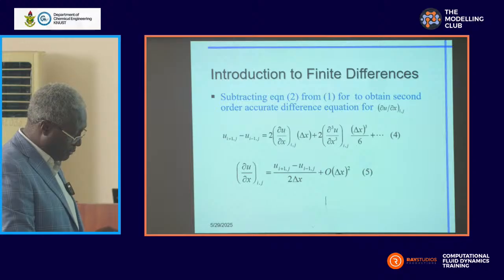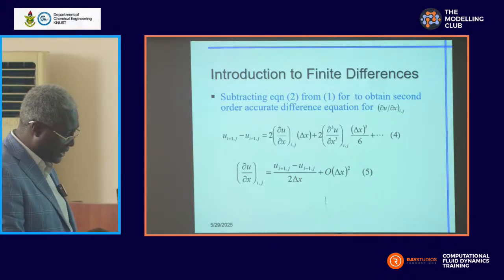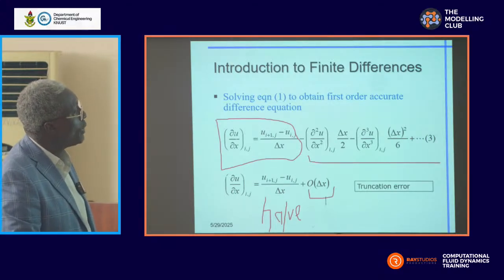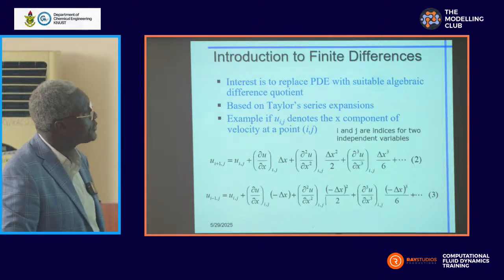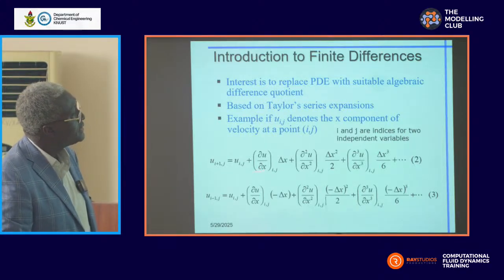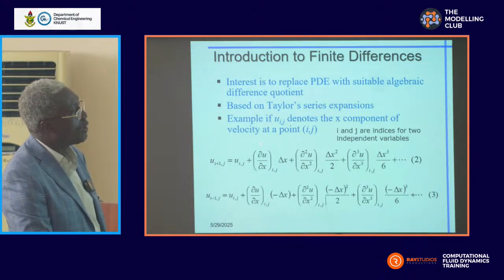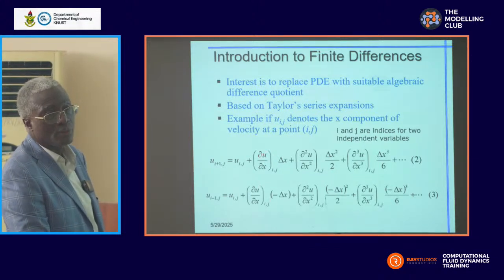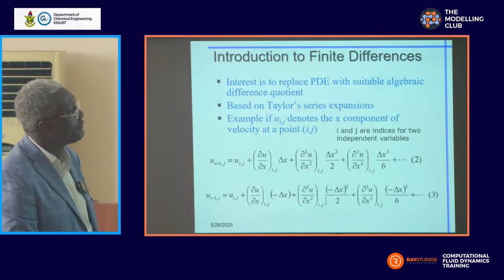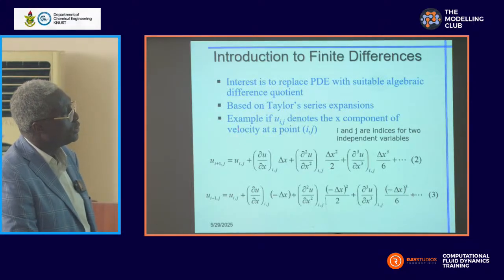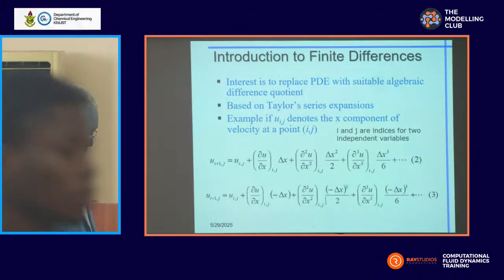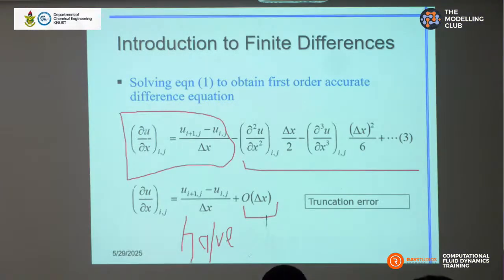In order to obtain the central difference, we subtract this equation from the top equation. If you subtract these two equations, obviously these two terms will drop out, and since you are subtracting, these two terms will have to add.